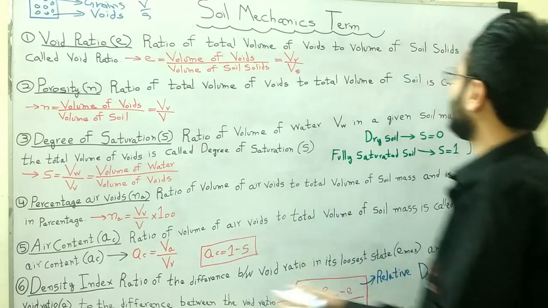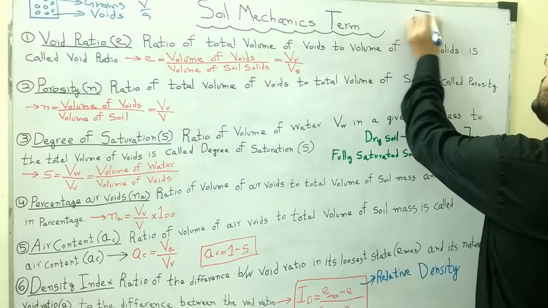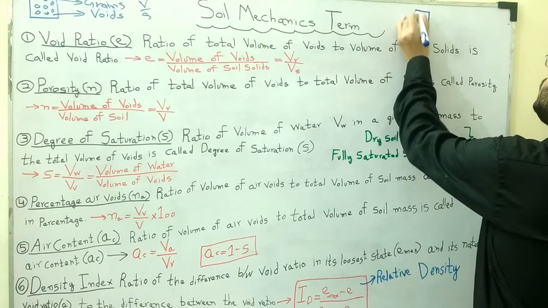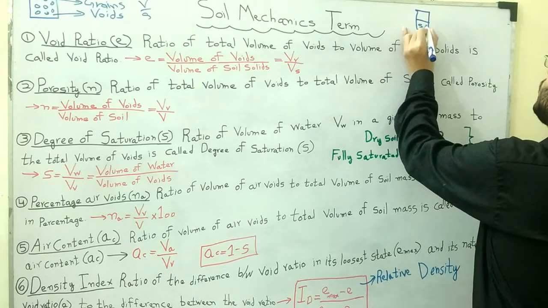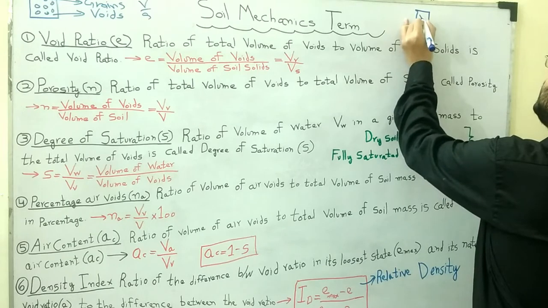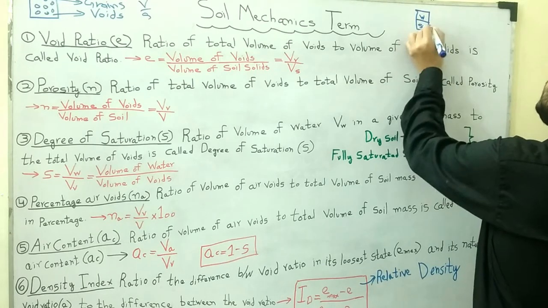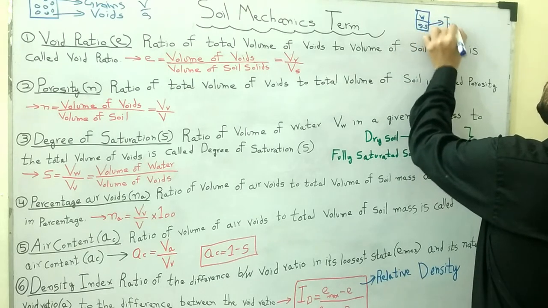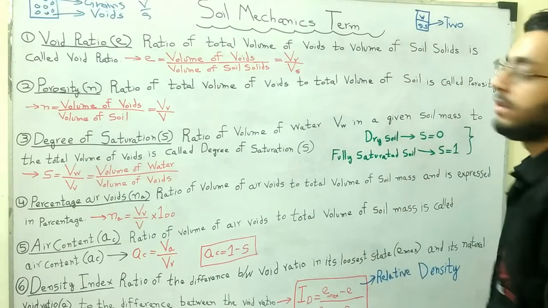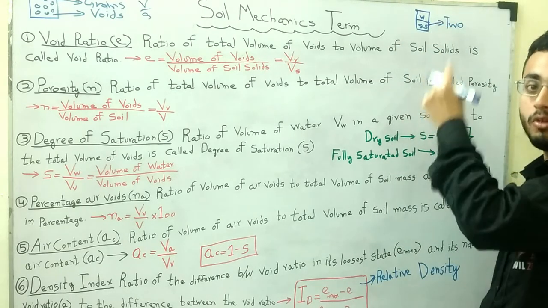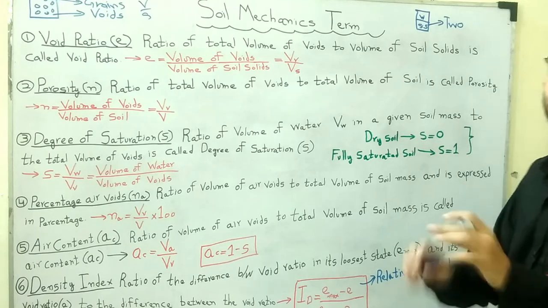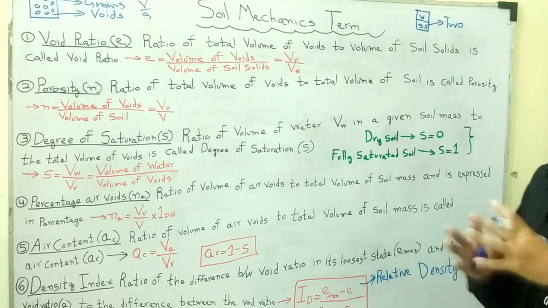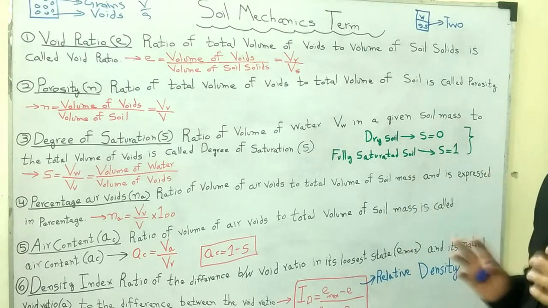We have already studied that soil has a two-phase diagram. In the two-phase diagram there are soil solids at the bottom and water above. This diagram represents fully saturated soil, because all the voids are filled with water and there is no air in the voids.